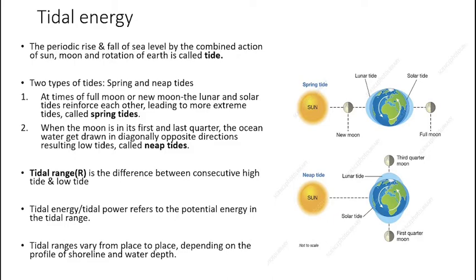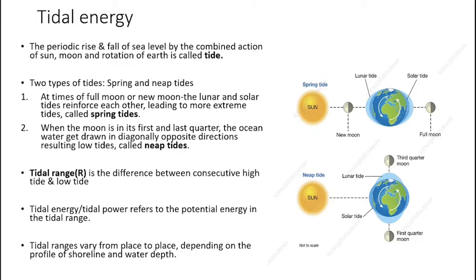And in the second picture, when the sun and the moon are at right angles to each other, their gravitational attraction each pulls water in different directions. That results in a low tide called neap tide.